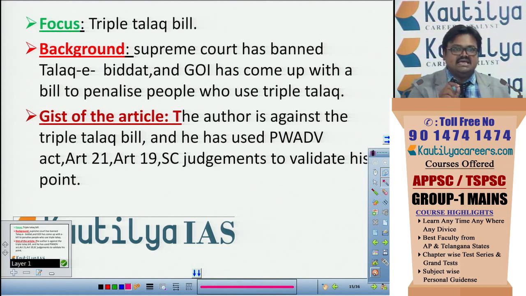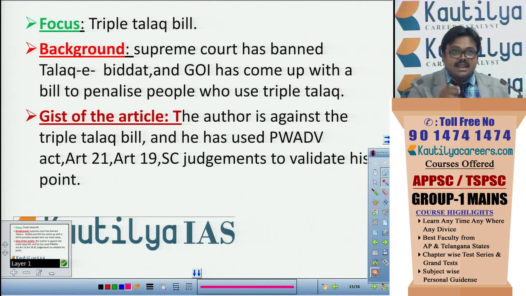Now this is the simplest form of divorce, where a man pronounces talaq, talaq and talaq 3 times and the divorce is complete. The Supreme Court has banned such a talaq and said that such a talaq is not valid, and the government of India has come up with a draft bill which would actually criminalize the triple talaq.